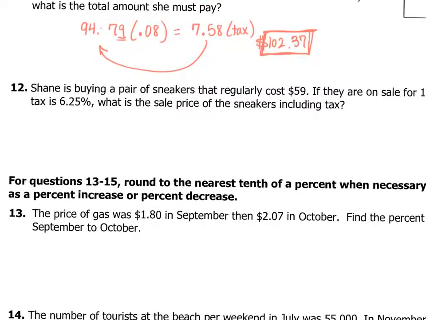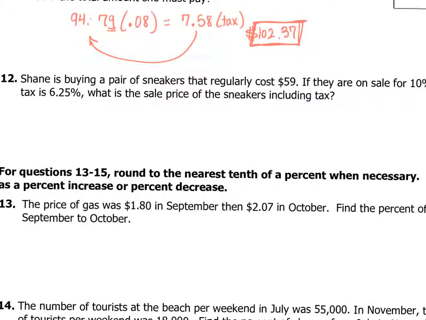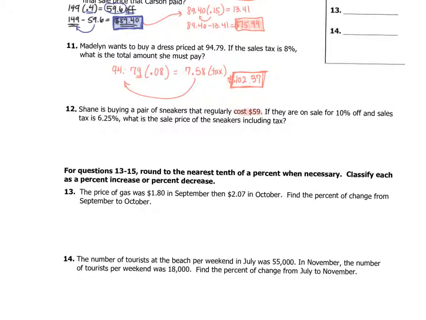On number 12, Shane is buying a pair of sneakers that regularly cost $59. They are on sale for 10% off, so we got to take 10% off of that. And then the sales tax is 6.25%. So what's the final price with tax? So first, let's take 10% off. So $59 multiplied by 0.1.